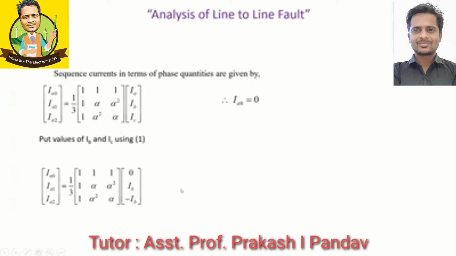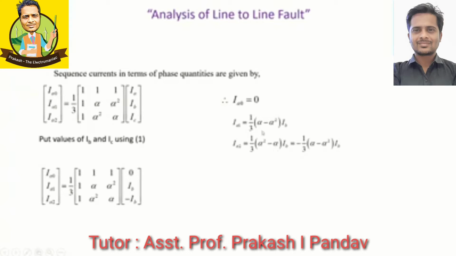And if we open out this matrix, we find that IA0 is equal to 0, IA1 is equal to 1/3 (alpha minus alpha square) into IB, and IA2 is equal to 1/3 (alpha square minus alpha) into IB.